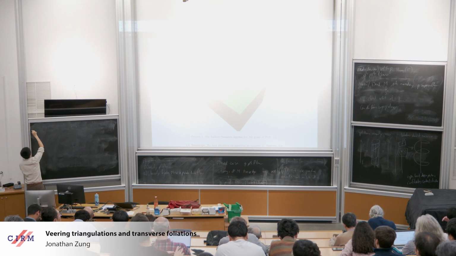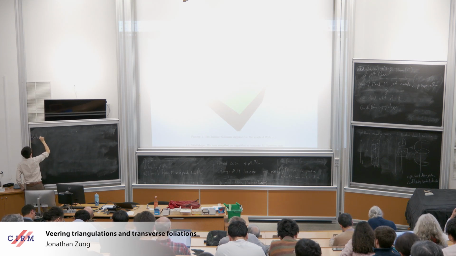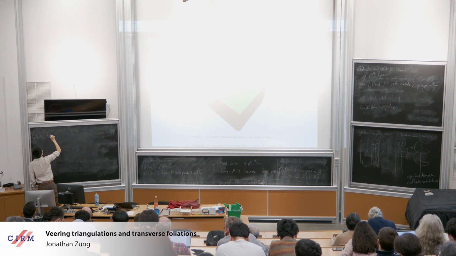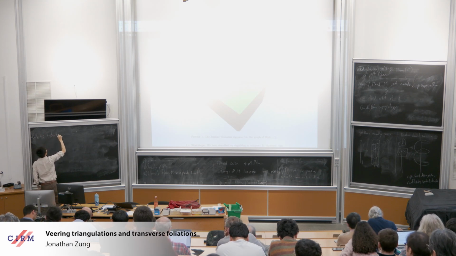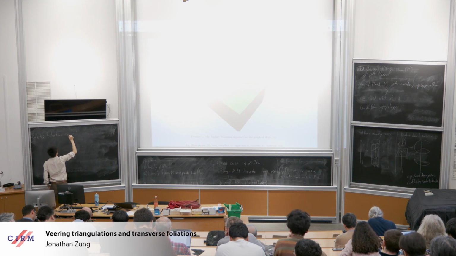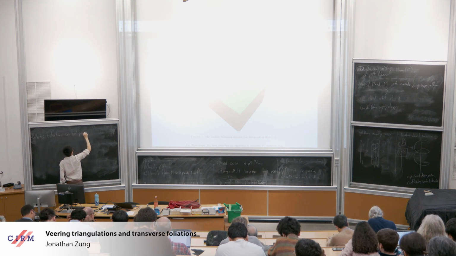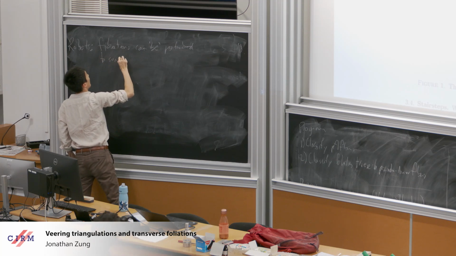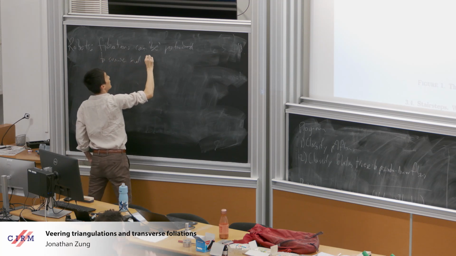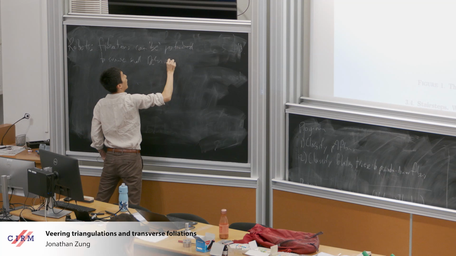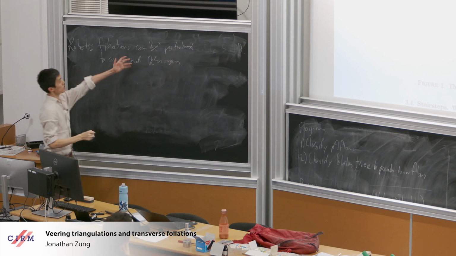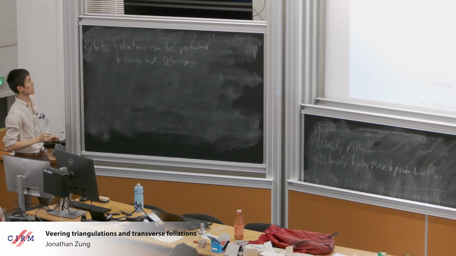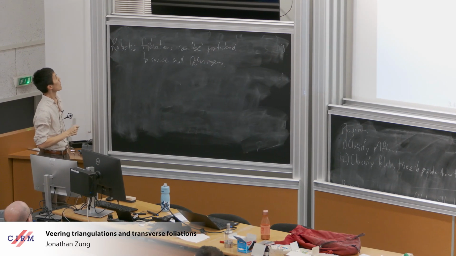So Roberts: fibrations can be perturbed to survive small Dehn surgeries. And actually, she was able to give some concrete bounds, like you can maybe do a single positive Dehn twist. Okay.